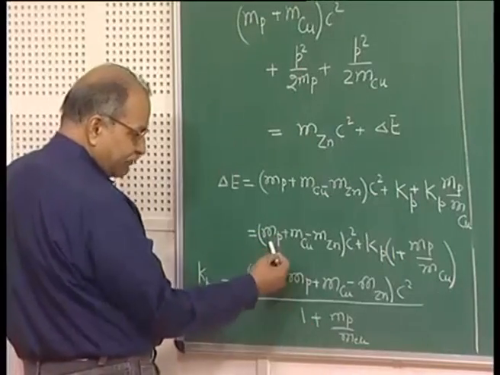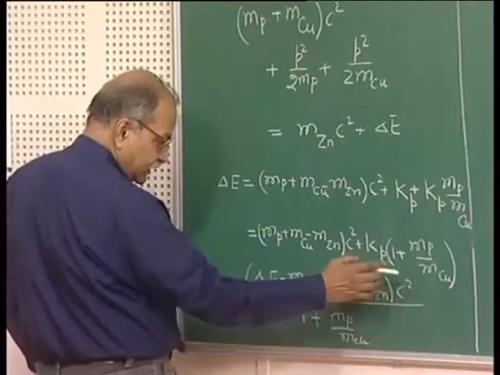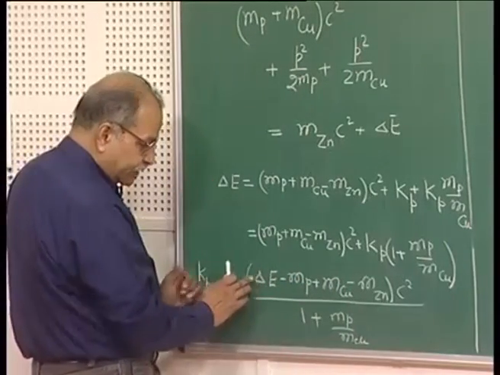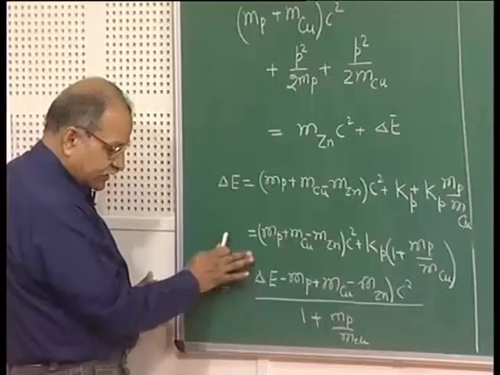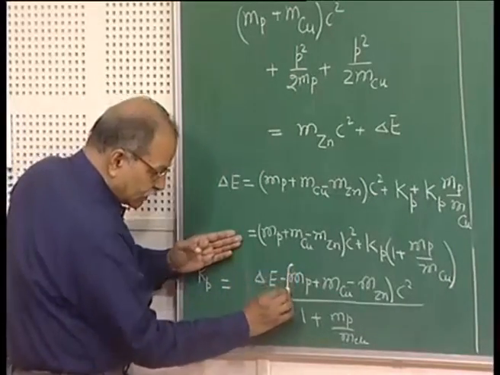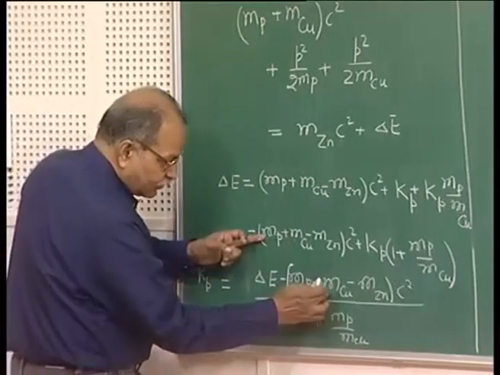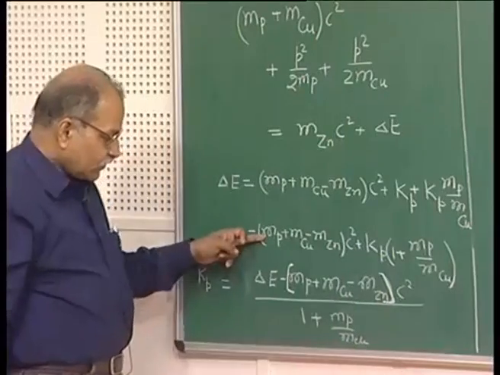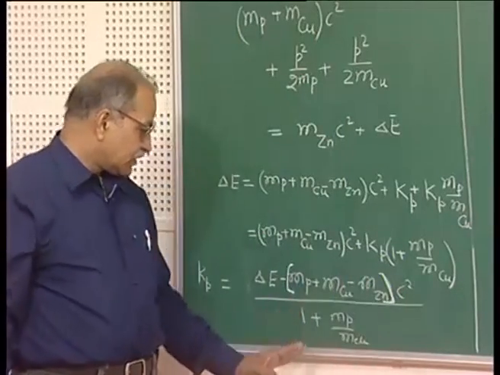So, this is Mp plus Mcu minus this. This is equal to delta E and minus. So, wait. Let me do the correction. So, delta E and minus Mp plus Mcu and minus zinc, right. It is like this. Right, it is like this. Now, it is dimensionally also consistent.